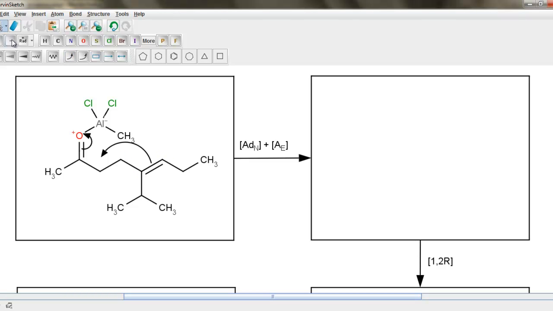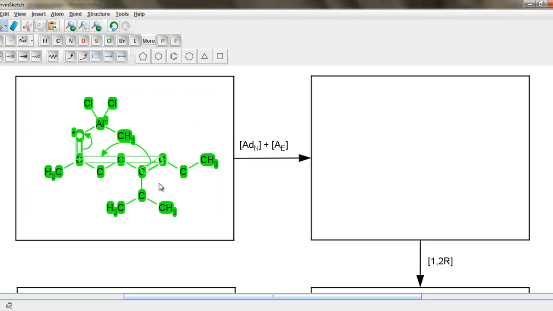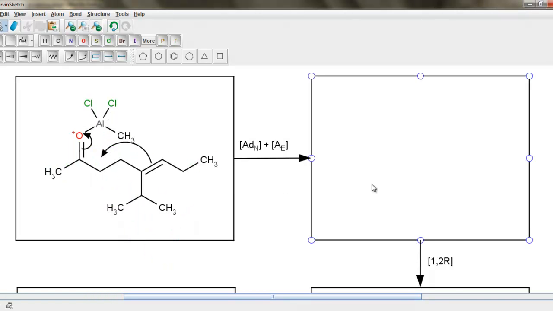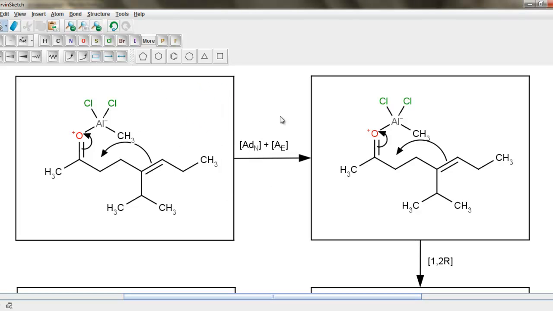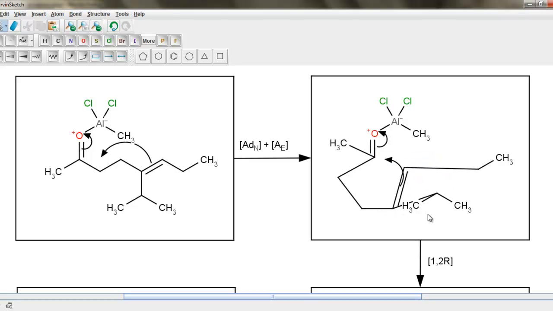So copy this. Now move stuff around so that it's a little nicer to look at. Dang it. Come on, yep, there.